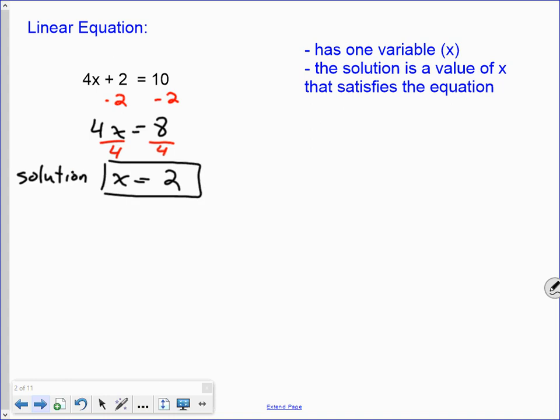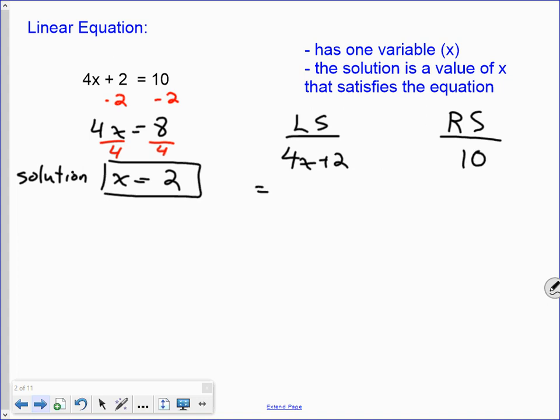Now, what does it mean that x equals 2 is the solution? Well, it means that it's the value of x that satisfies the equation. And by that we mean if we look at the left side and the right side of our equation here, our left side is 4x plus 2, our right side is 10.